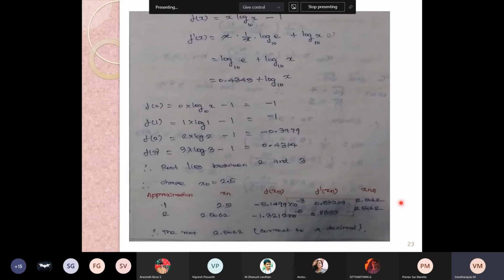During my first iteration, my result is 2.50662, and I am giving this as input for my second iteration. The second iteration gives the same result, 2.50662. So the root is 2.5062, with 4 decimal places.